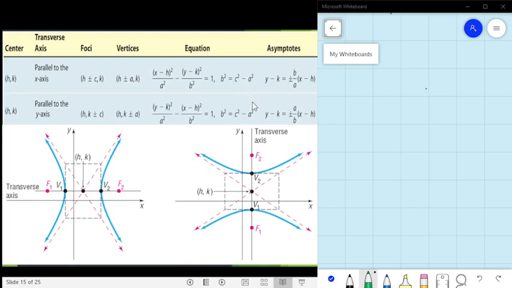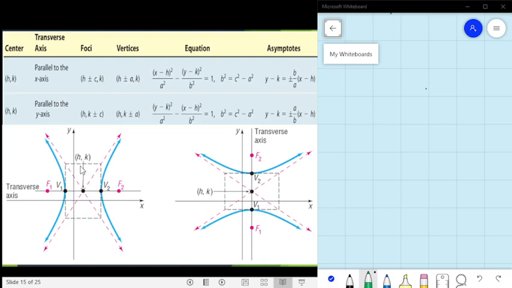Okay, then the equation of asymptotes, because when we draw a hyperbola, what we are going to do is we have to plot the center and then the vertices and the foci, and then afterwards i-plot pud nimo ang duha points.